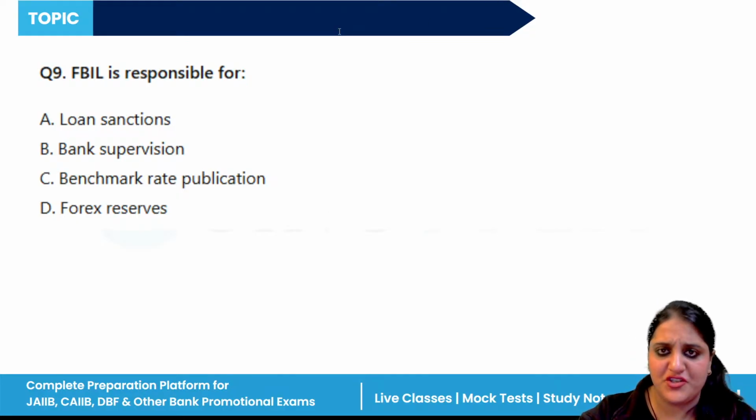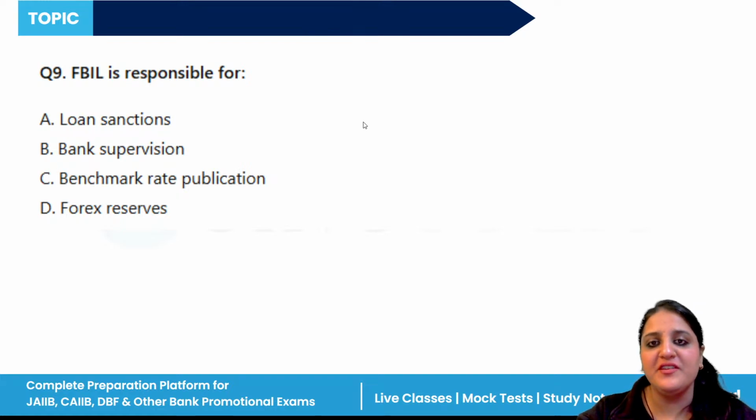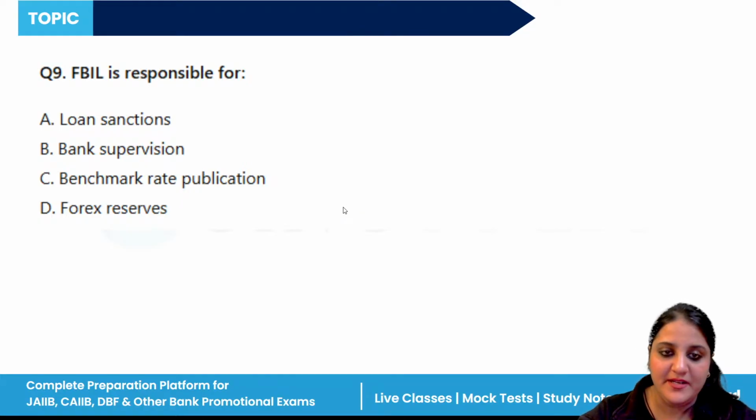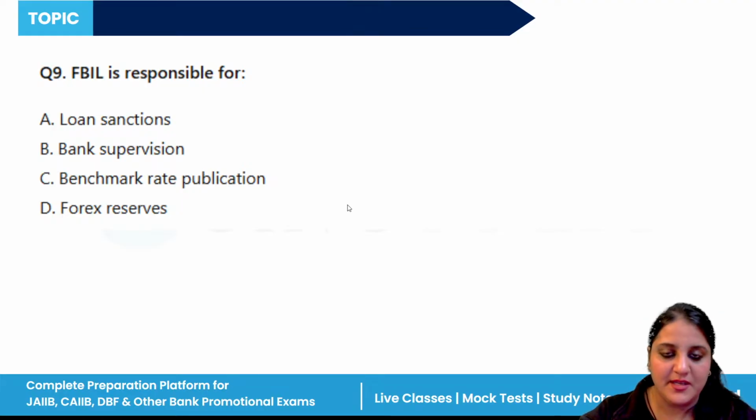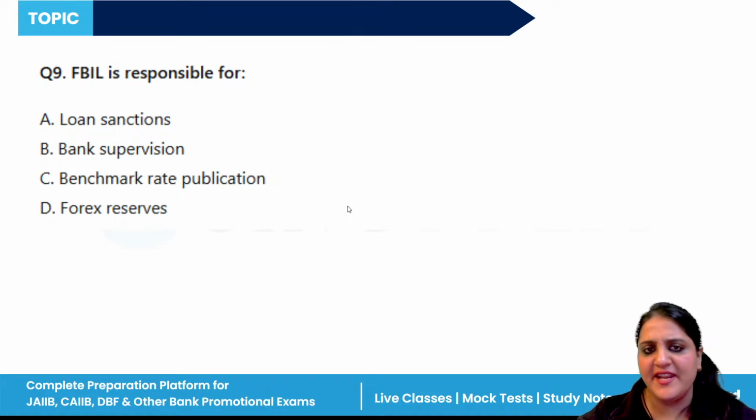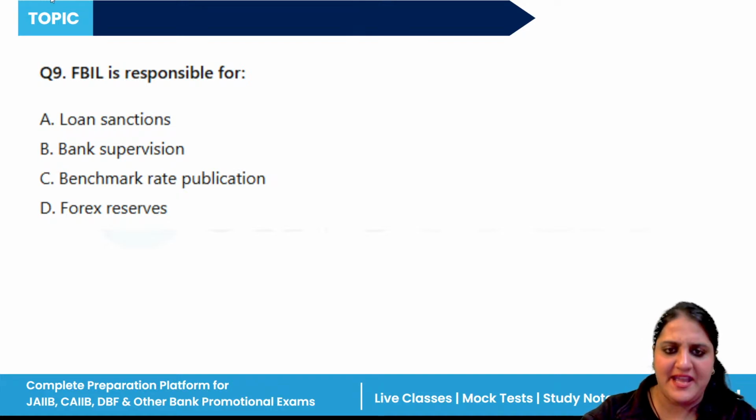Now, what is the work of FBIL? It is Financial Benchmarks India Private Limited, an important organization in India's financial market, responsible for developing and administering benchmarks such as interest rates and currency rates. That is the work of FBIL.